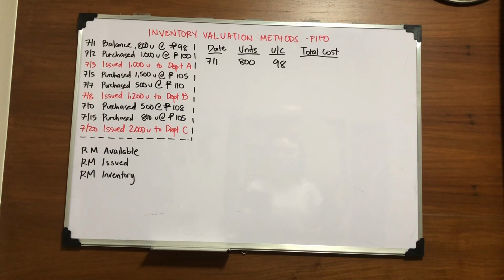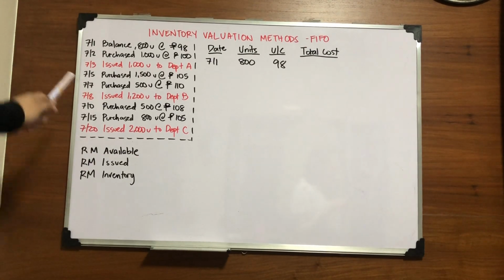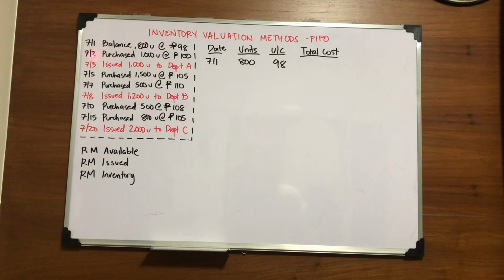So for your inventory valuation methods, you have your FIFO, or your first in, first out, and you have your average cost, which has 3 components: simple average, weighted average, and moving average. For this one first, let's solve this example for FIFO. Okay, so given here are your transactions. So for July 1, you have your opening balance of 800 units at 98 pesos.